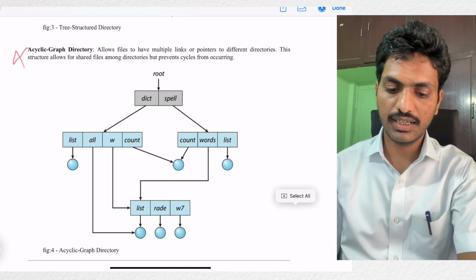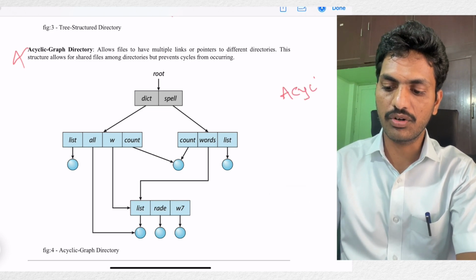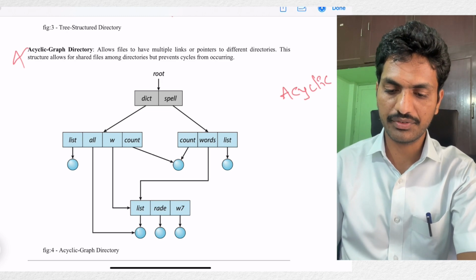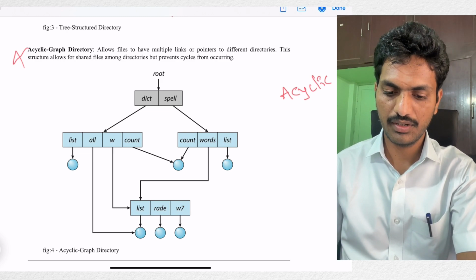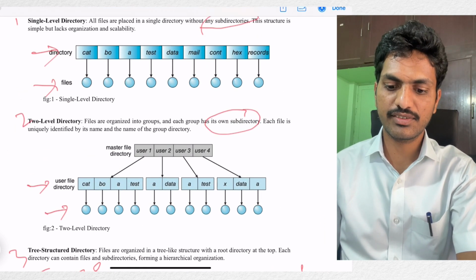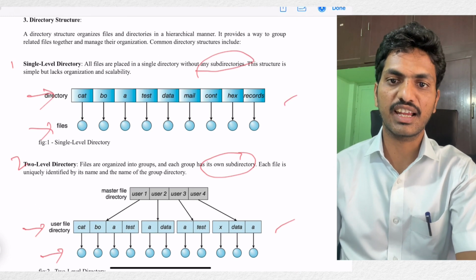That is called acyclic. Acyclic means no cycle is allowed in the graph. This is graph. This is tree. This is two level. And this one is single level.